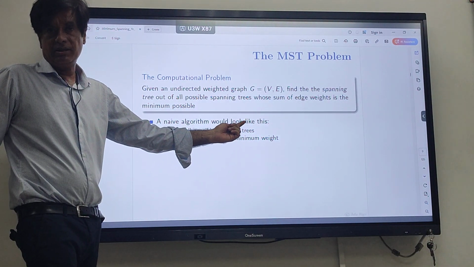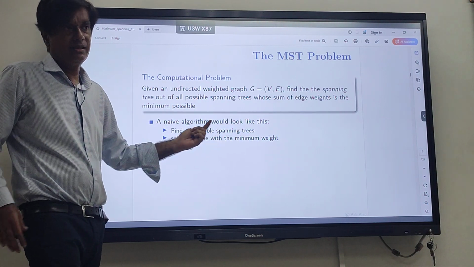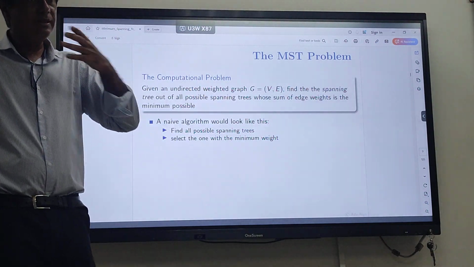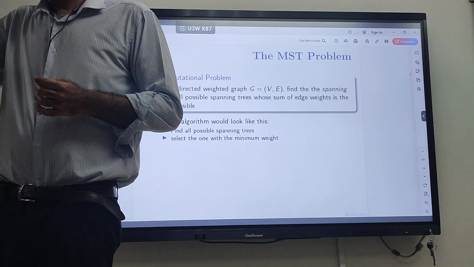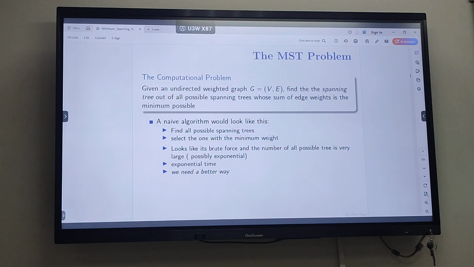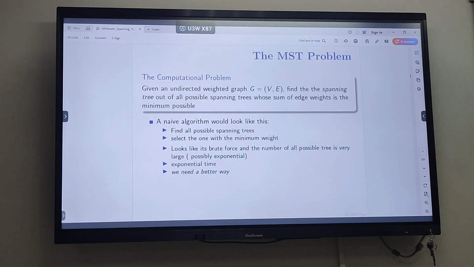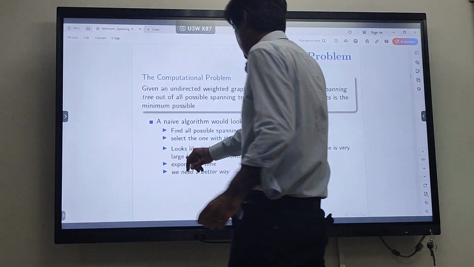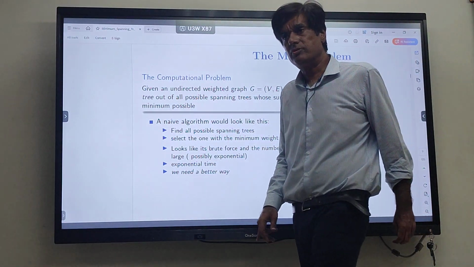But this will be a very large number, just like you asked, there are many possibilities and it will be near exponential, if not exponential, for most graphs. So it's not a correct way to do it. It will be exponential, so we definitely need a better way to do this.